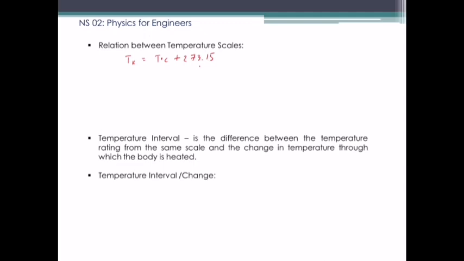So that is why 0 Kelvin is negative 273.15 degrees Celsius. Again, that is negative 273.15 degrees Celsius. So that is the absolute zero temperature.